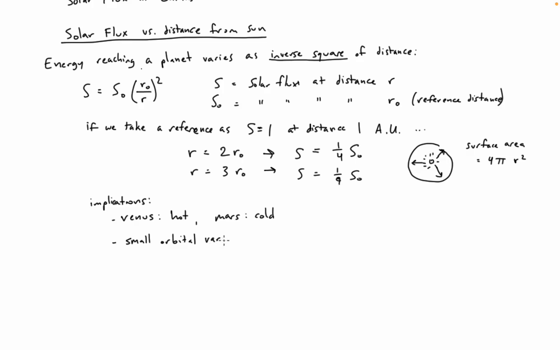There are small variations where it spends some time at further distances than other times. Those have been calculated, and they line up with the glacial and interglacial periods. They're called Milankovitch cycles. So even small variations within the orbit of a single planet, the fact that the distance is squared makes a big enough difference that it can have major implications for climate.